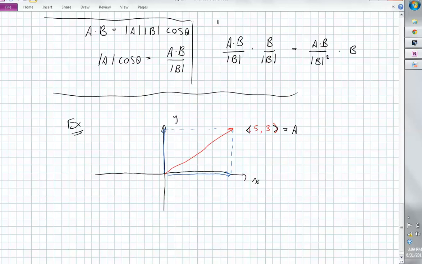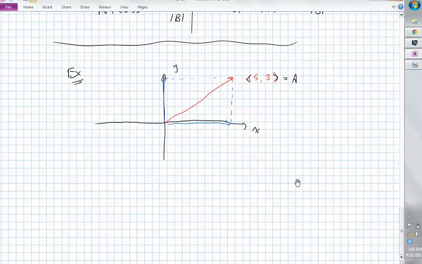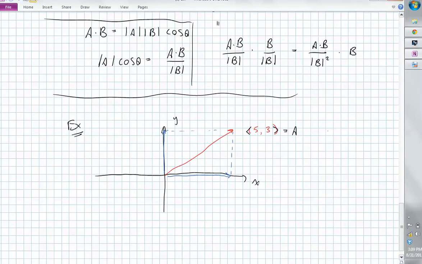I'm going to ask for another example because 1, 0 is not quite going to make the point that I want to make. Sorry? 5, 0? 10, 0, somebody said? Yeah. Let's try one of those slightly more inefficient vectors. So we'll choose B to be, what did we decide, 5, 0?